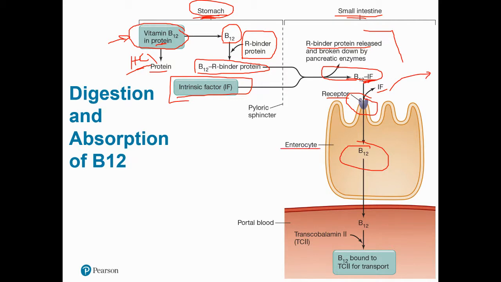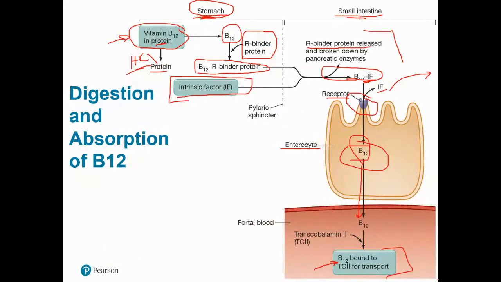So the enterocyte absorbs B12, and then B12 gets absorbed into our bloodstream. And in the blood, B12 is transported by a transport protein called transcobalamin II, like transport cobalamin, with cobalamin meaning B12. So that's why we say it's complex. There are a lot of different components required for proper B12 digestion, absorption, and transportation.